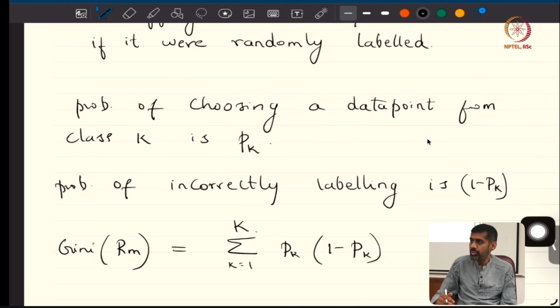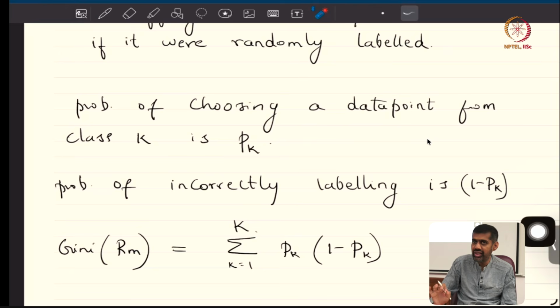We want to split in such a way that this is minimized. So, we want to minimize the Gini impurity, right. I mean, the probability of incorrectly classifying a particular point through random sampling has to be minimized, and this will happen if the node is pure. Can you see this? It can already be seen, right. If pk is a Dirac delta, this will be minimized.